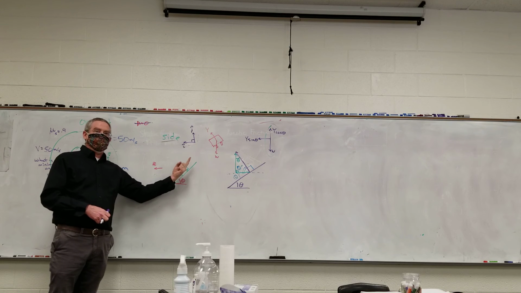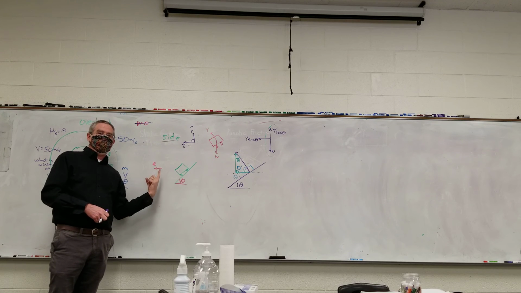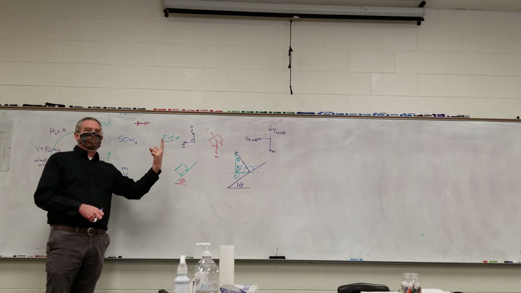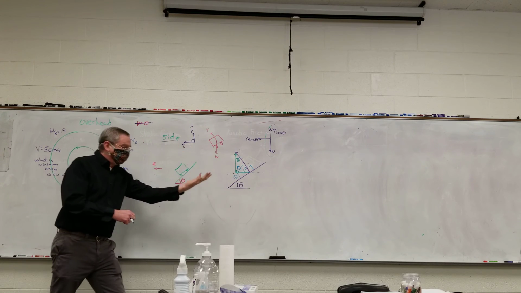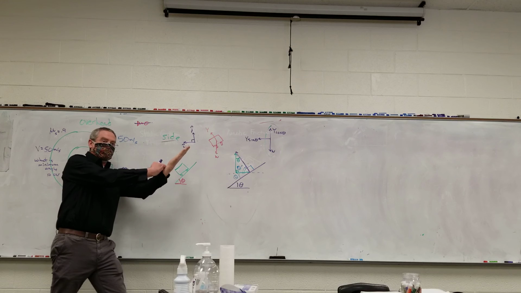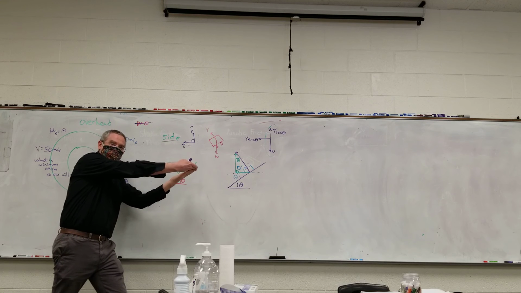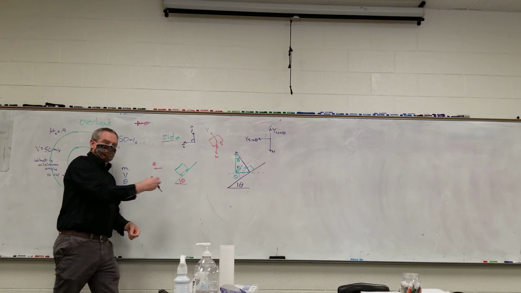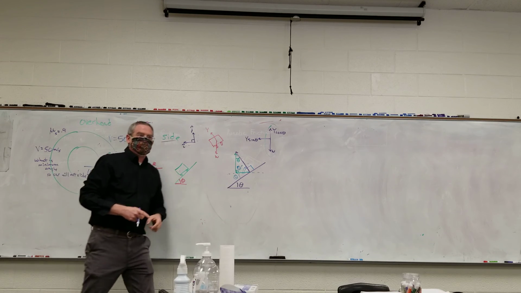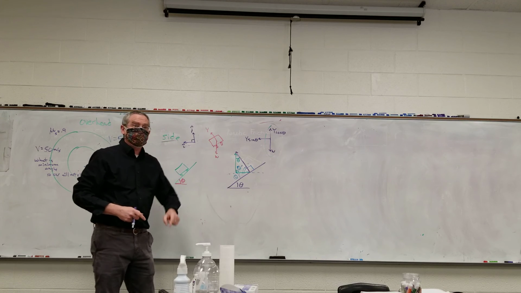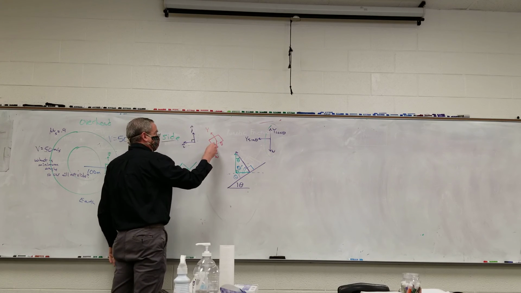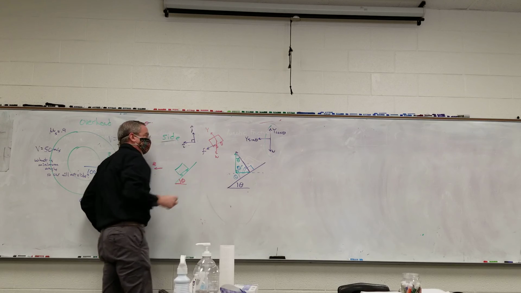So the car wants to slide down the ramp. Correct. We have taken different curves in our days. This car is cruising around like this. If I drop the angle, the car wants to slide that way. So friction hates that. Friction says, no, you're not going to go up. So friction's acting down the ramp.